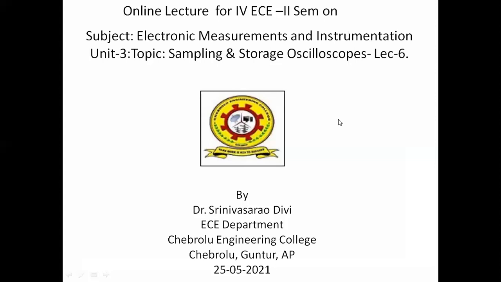In the alternate mode, it selects the two signals with respect to the sweeping voltage. In the other mode, the chopping mode, irrespective of the sweep voltage and sweep rate, it selects each signal.